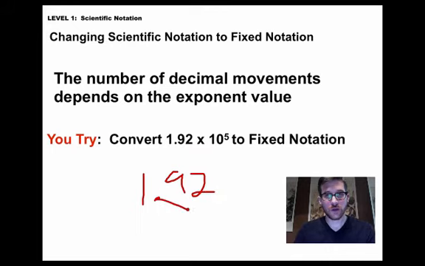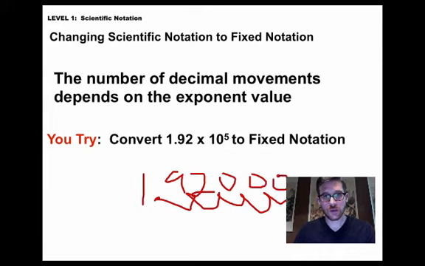And then I move it 1, 2, 3, 4, 5 decimal places. And put in my zeros. So I should have the number 192,000. Hopefully you got the same thing.